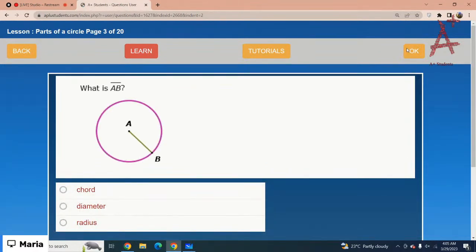What is AB? AB is the line segment that connects the center and any point on the circle. When you have a line like this connecting the center and any point on the circle, it is known as the radius.